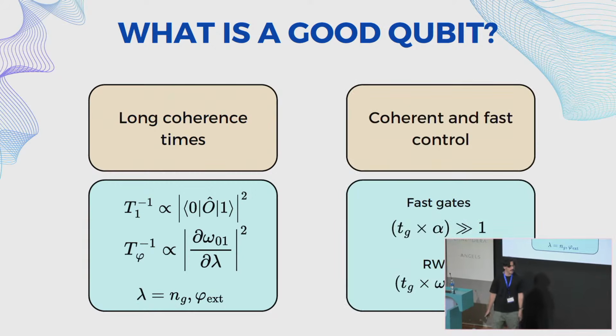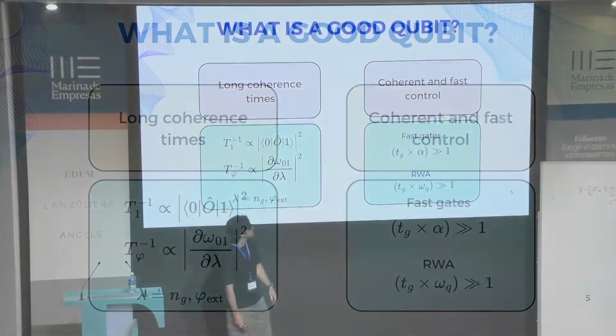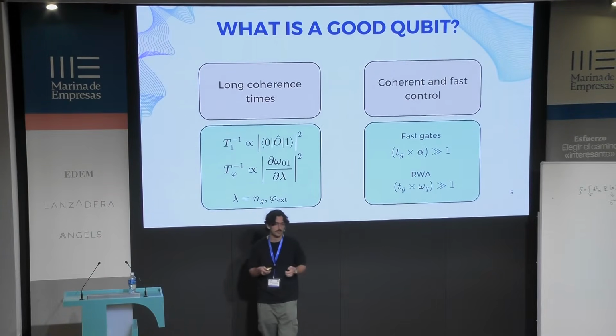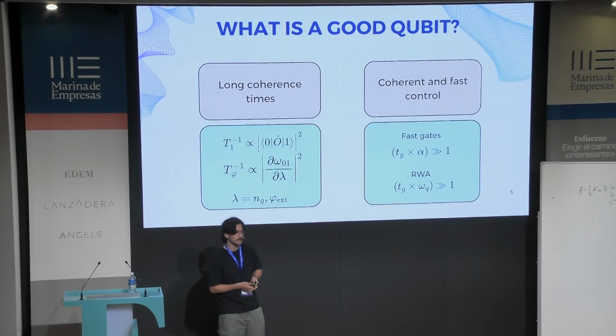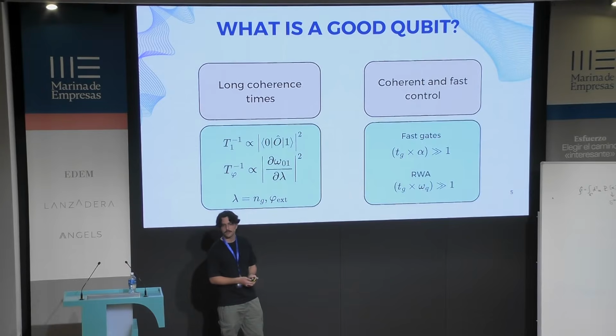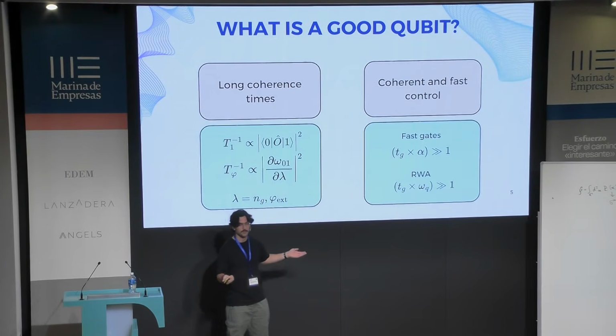On the other hand, we want to have coherent and fast control. We have to be able to control our qubit. So we are demanding a large anharmonicity in order to have selective control of our energy transitions, and also a high frequency of our qubit in order to apply the rotating wave approximation.